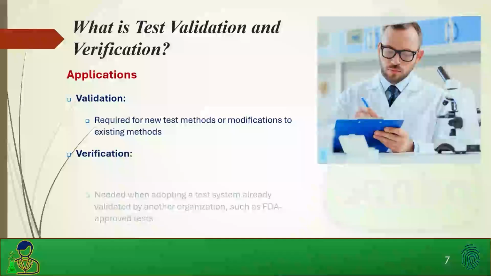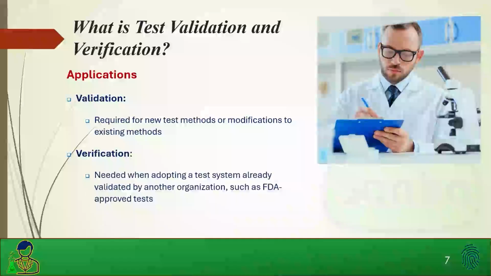However, verification is needed when adopting a test system that's already been validated by another organization, such as an FDA approved test. So FDA, one of the regulatory bodies, the Food and Drug Administration, if you remember from lecture from module 1, they delineate complexity.